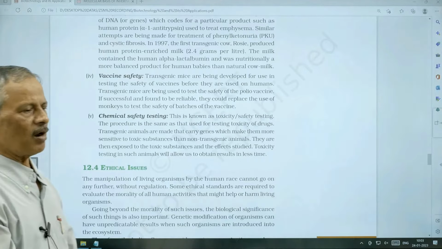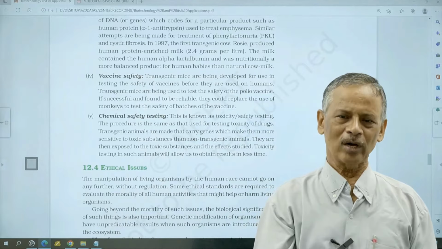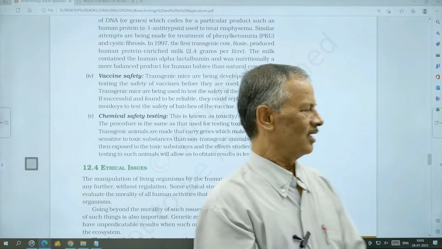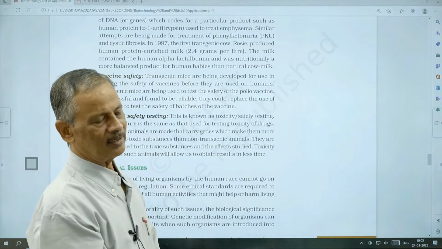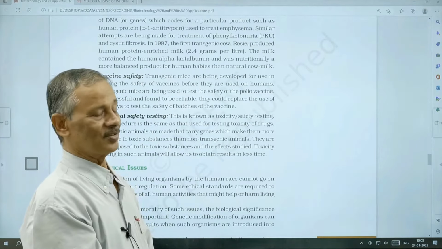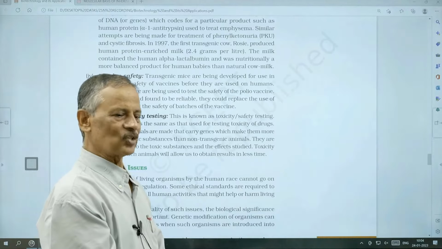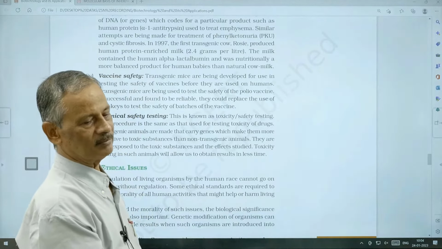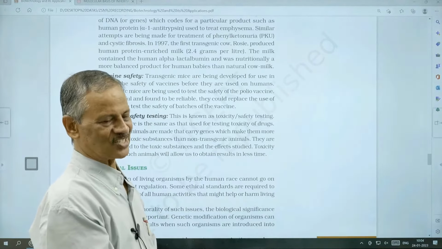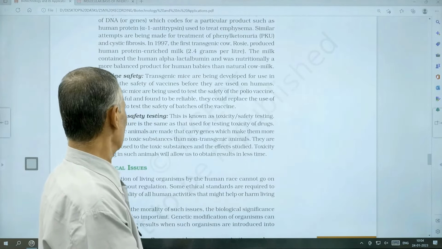So when we are genetically modifying organisms, there will be a lot of criticism. Money is the most important thing in all these researches. So multinational companies will have more interest in such research and reap the benefit, and they may be doing it unethically.